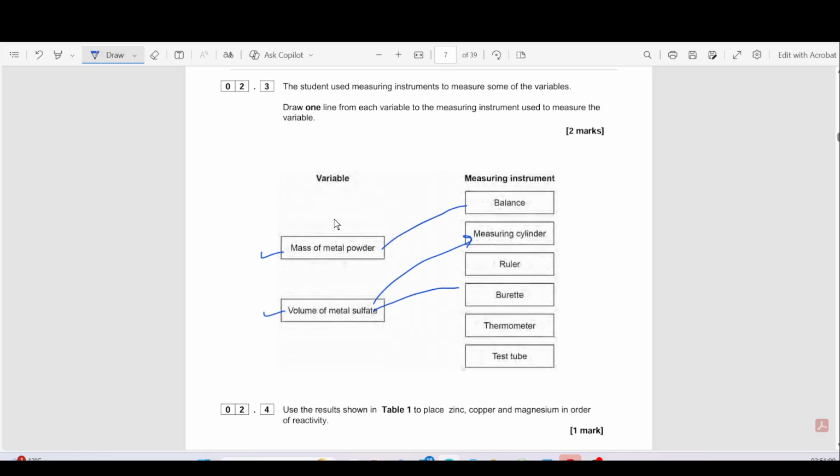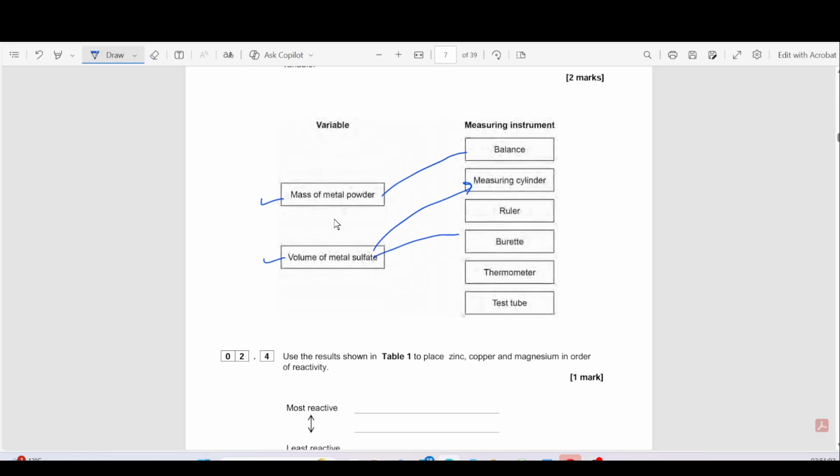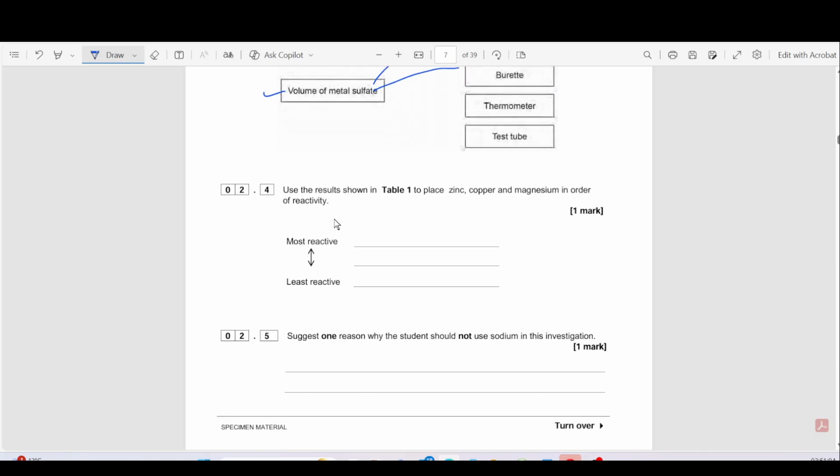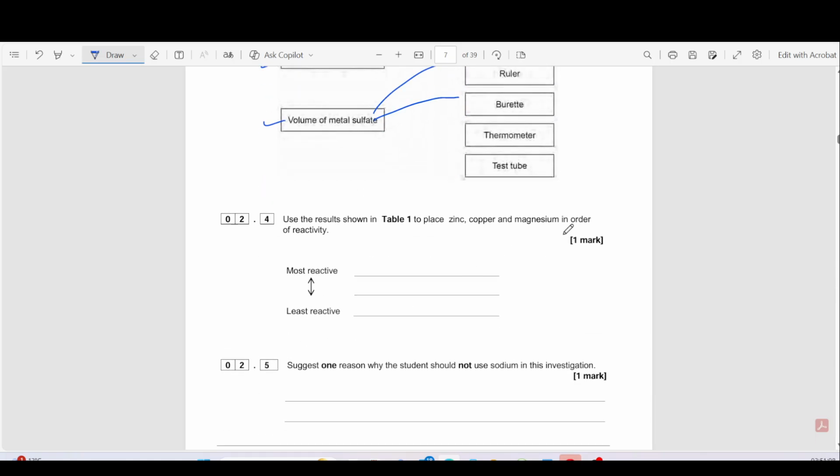Yeah, next one is: use the results shown in Table 1 to place zinc, copper and magnesium in order of reactivity. So we need to place them in order, which one is more reactive and which one is less reactive.